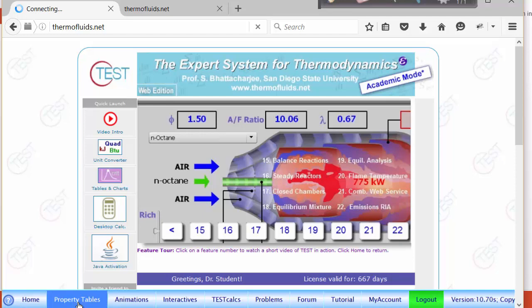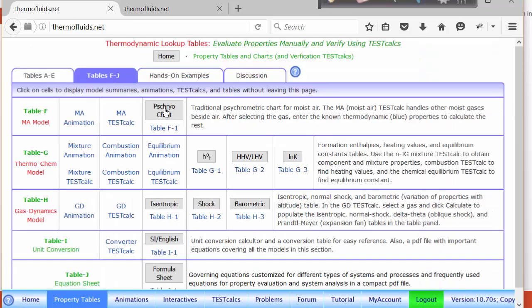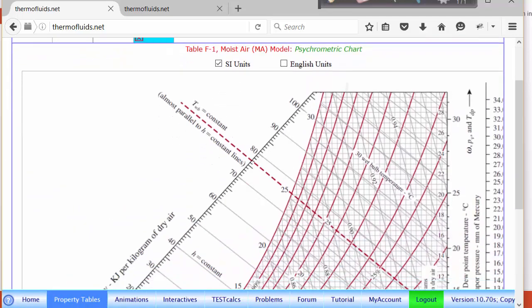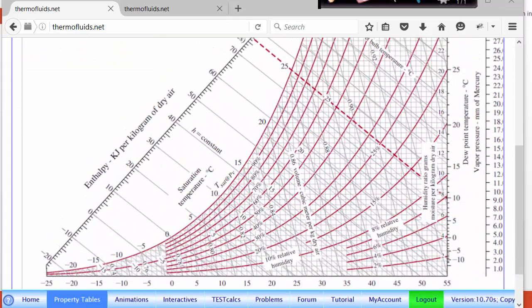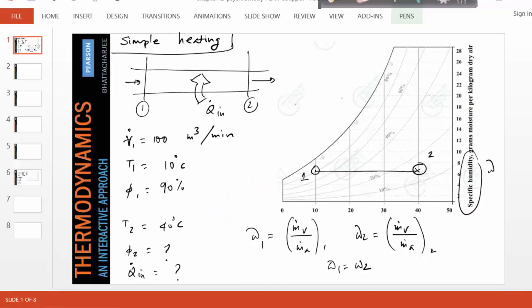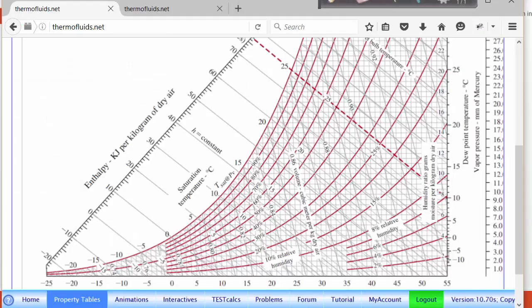We start with the actual chart, which is table F1, and let's locate state 1 first. It is 10 degrees Celsius, and what is the relative humidity? 90%. So the 90% line is somewhere here, and 10 degrees Celsius is somewhere there. So this is my state 1. 10 degrees and 90%.